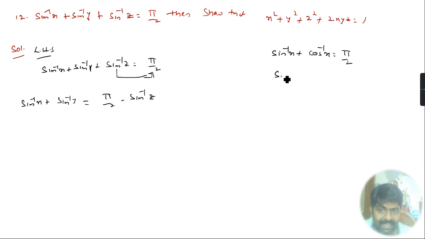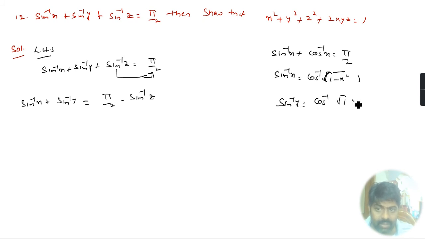And next, sin inverse x is equal to cos inverse of root of 1 minus x square. Similarly, sin inverse y is equal to cos inverse of root of 1 minus y square. So these are the basic formulas.